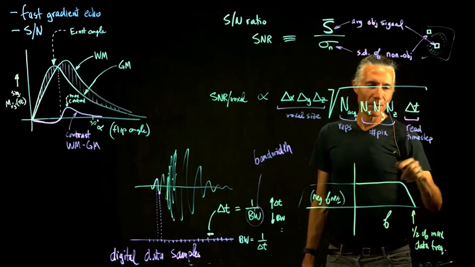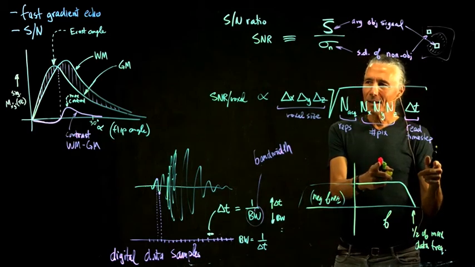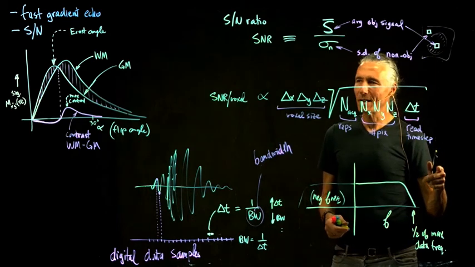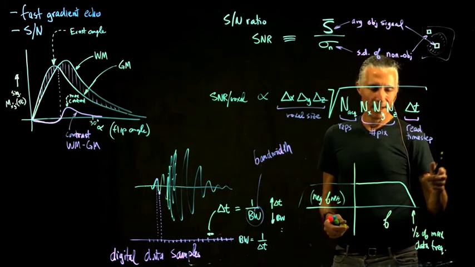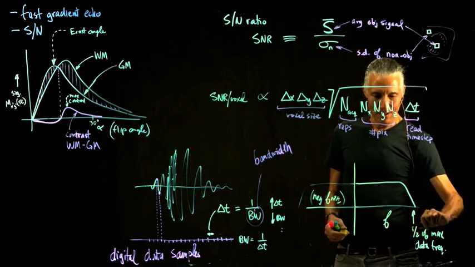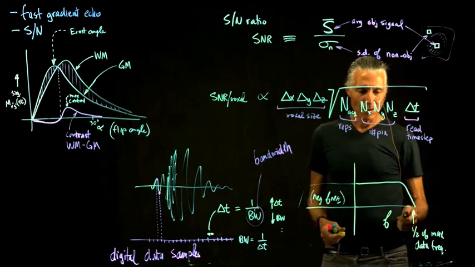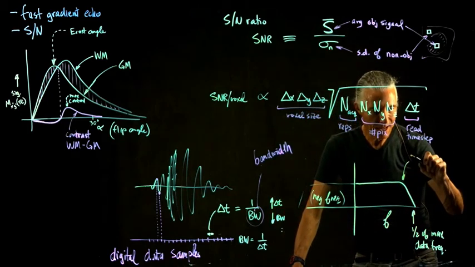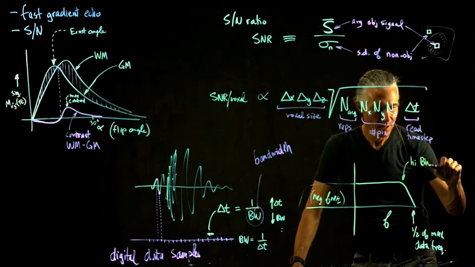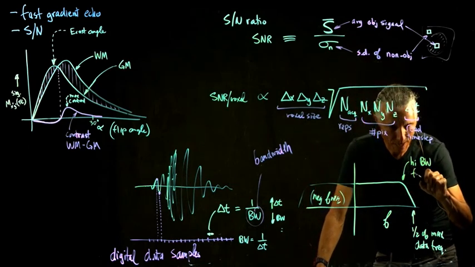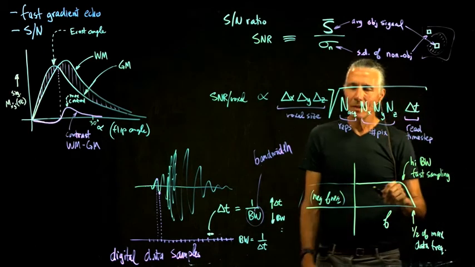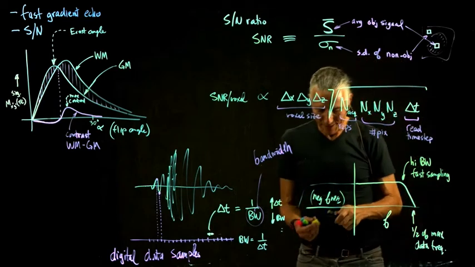Whereas if you're at the same frequency as the sine wave, once every sine wave, you're just going to get different parts of the sine wave randomly on different cycles, and that's going to be a mess. So you need to sample at least twice as fast as the biggest frequency in your data. And this one is a high bandwidth, which means fast sampling, which means we have to let in a lot of noise.